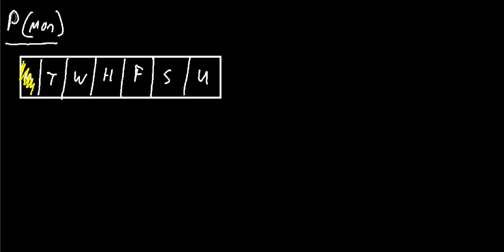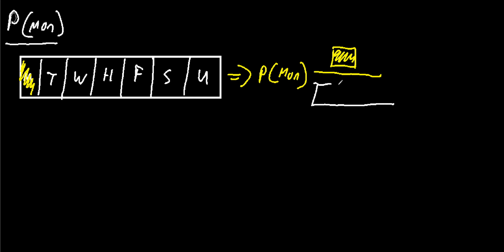The probability of Monday is this filled in square divided by the entire area of all of the possible days of the week. So it's every day, which includes Monday, the thing we're trying to find the probability of. Okay, so no big deal there.